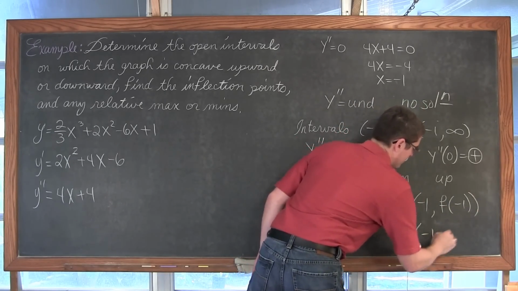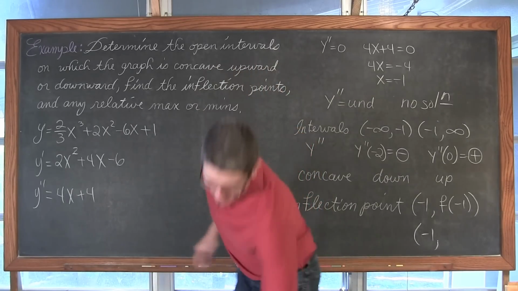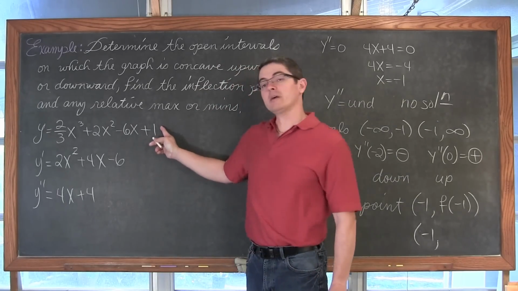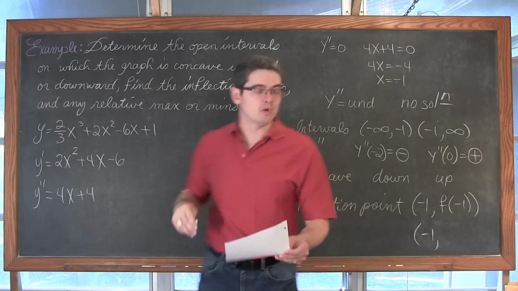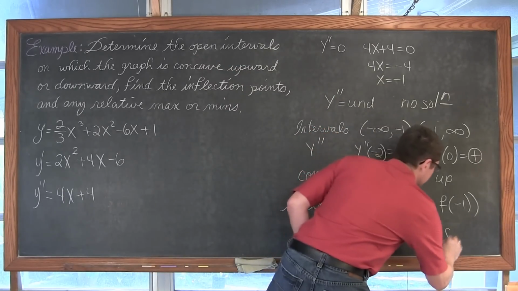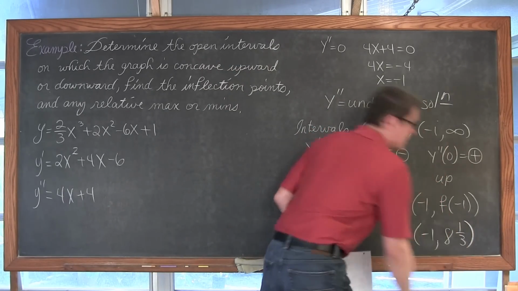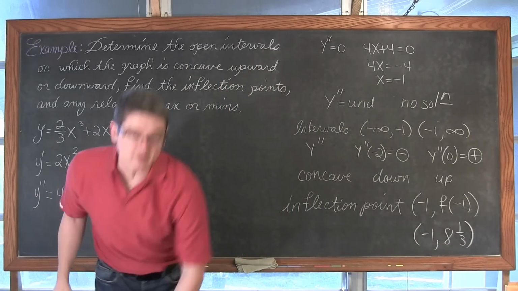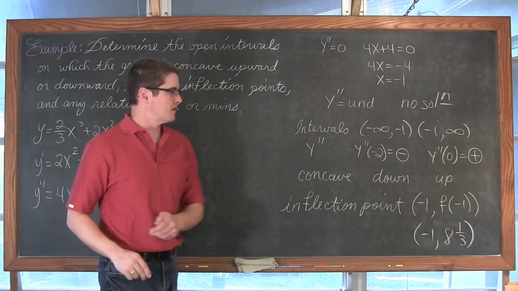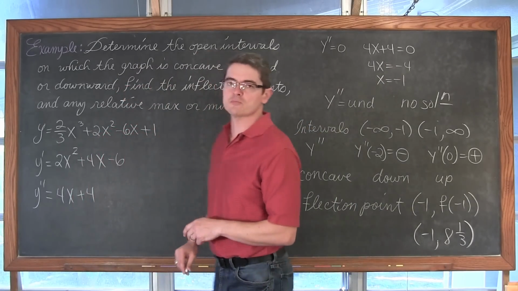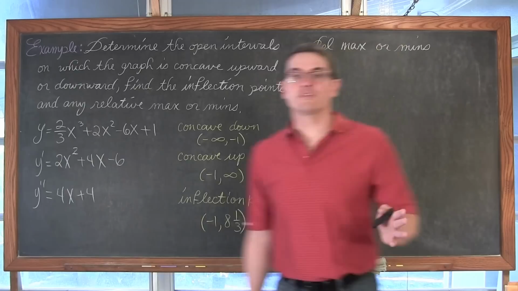Right off the top of my head, I take negative 1 and plug it into the original function and find that the y value is 8 1/3. I'm out of space, so let me clean this up a little bit and write down what information we found so far, where the function's concave up and down and that point of inflection, and continue this problem. Relative max or mins.